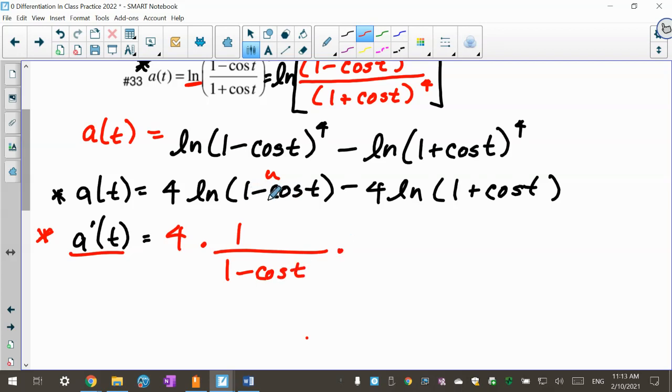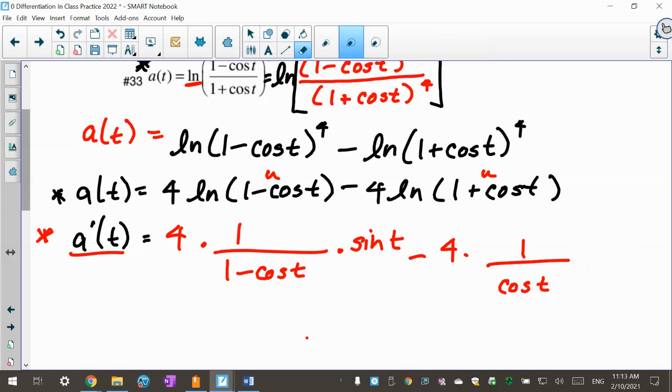The derivative of cosine is negative sine, but it's negative, so it's going to be a positive times the sine of t, okay, minus 4 times, this is my u, 1 over u times u prime, and the derivative of cosine is negative sine of t, okay?